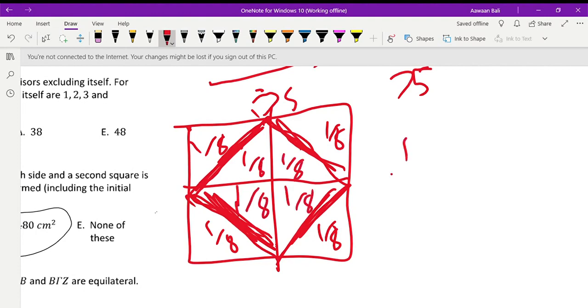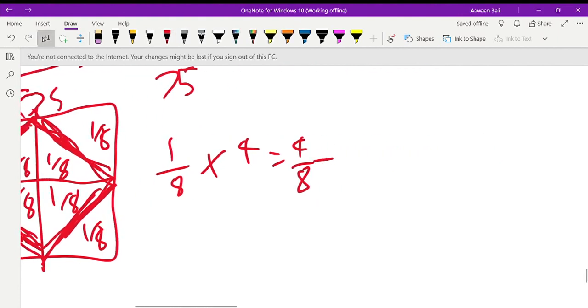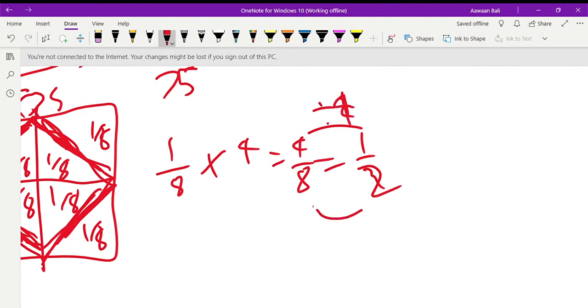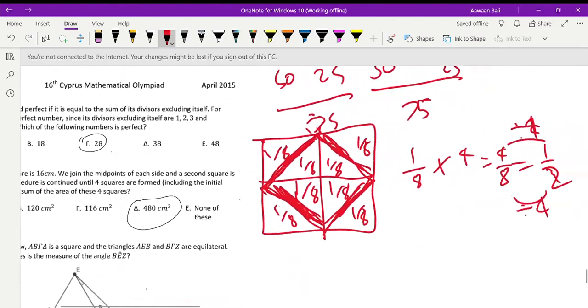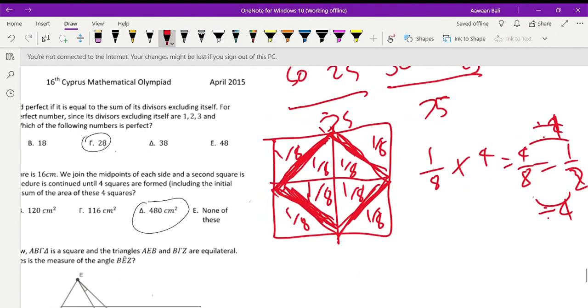If you do 1 upon 8 times 4, that's 4 upon 8. So this square is 4 upon 8 of the whole square. And guess what 4 upon 8 simplifies into? If you divide both by 4, you get a half. See? So that means this square is half of the area of the rest.